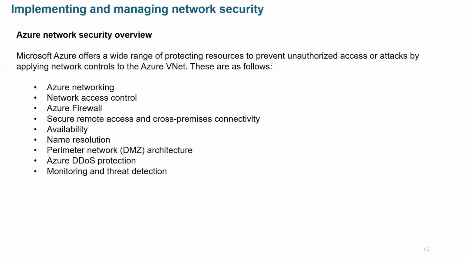Secure remote access, cross on-premise connectivity. Name resolution, DNS, we have to configure DNS, and any perimeter requirement for DMZ zones, DDoS, distributed denial of service protection, so that we can configure all these things, monitoring and threat detection.